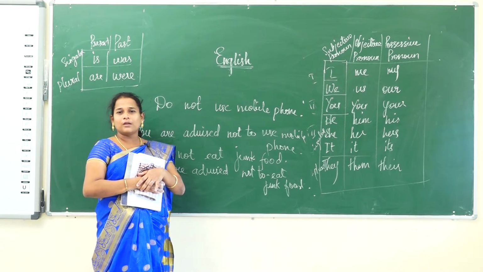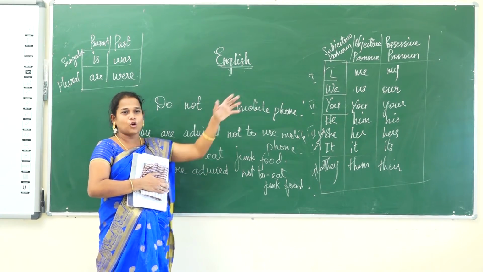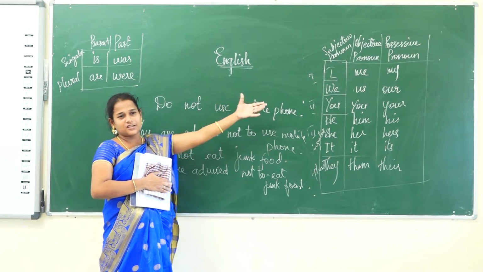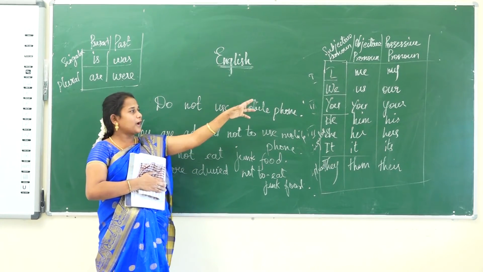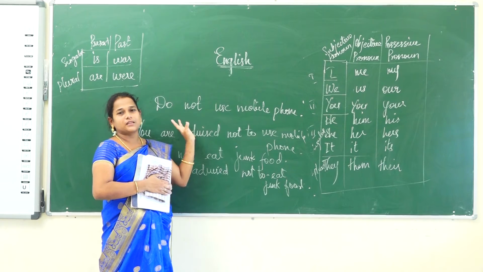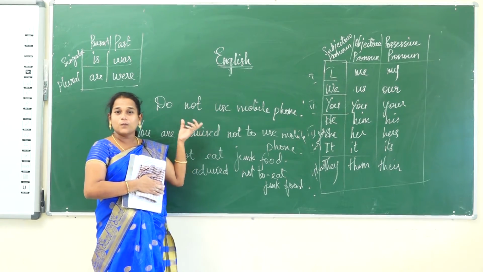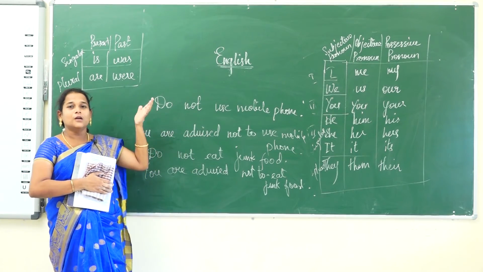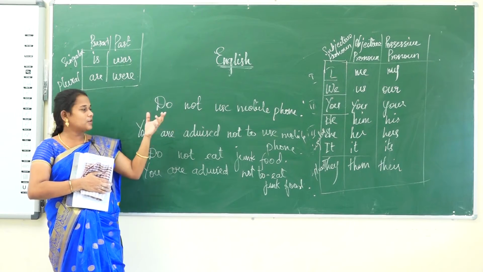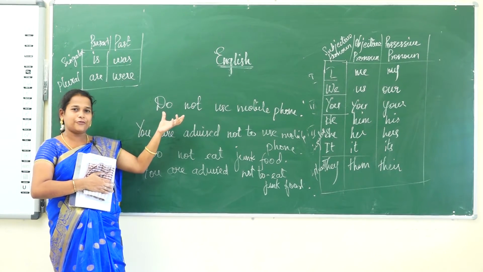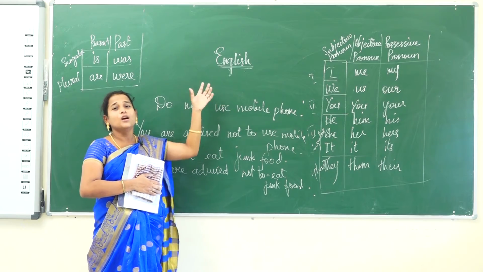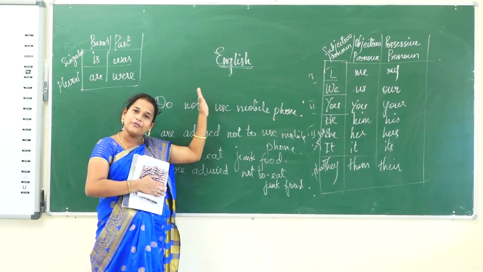Then rule number 1, we have to bring the object in the place of the subject, the receiver in the place of the doer. Then we have to see whether the object is plural or singular. Once we have found that out, we check what tense is given in the active form.